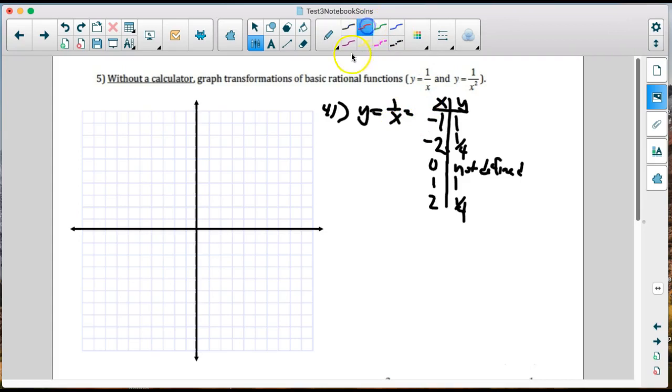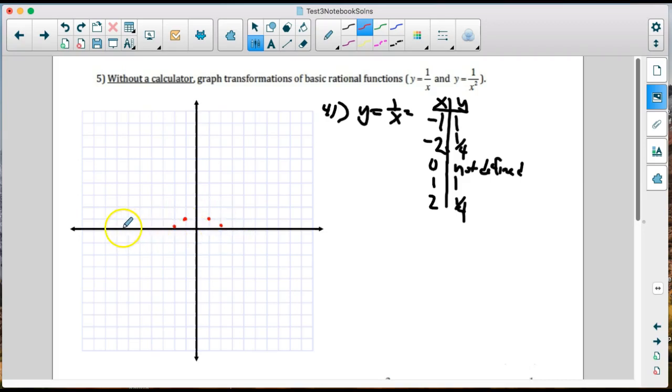So in graphing the initial graph, we have negative 1, 1, negative 2, 1/4, 0 is not defined, 1, 1, and 2, 1/4.